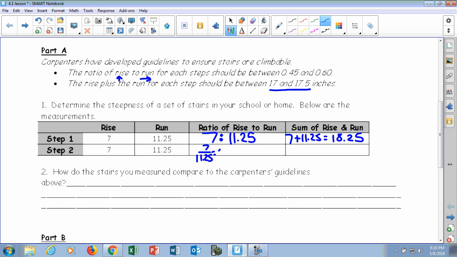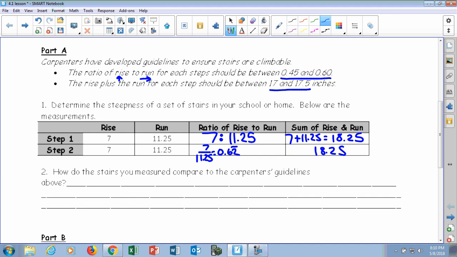You get 0.62 repeating, right? So it's a little bit bigger than that 0.6, but not much. And the sum is still 18.25 for step 2. So step 1 and step 2 have the same ratio, 0.62 repeating.